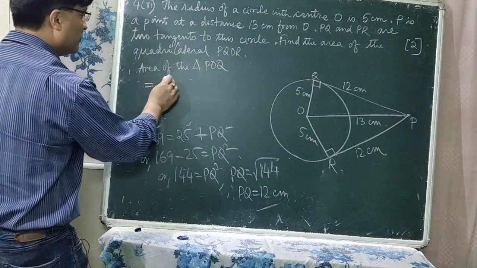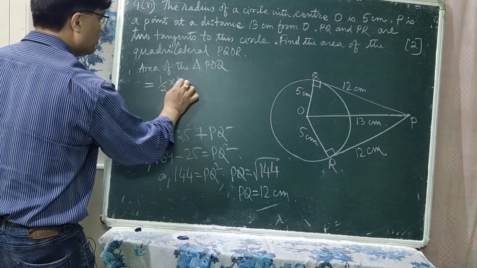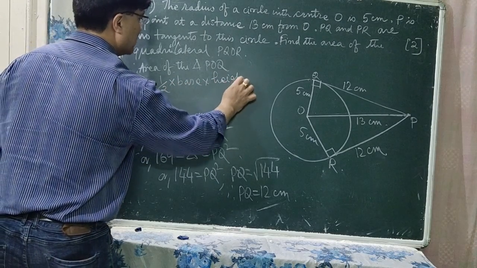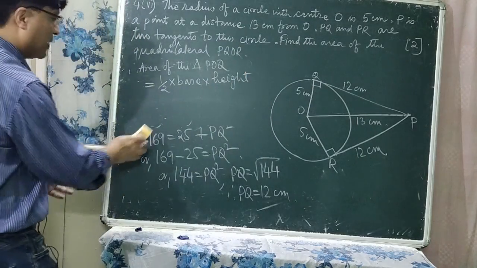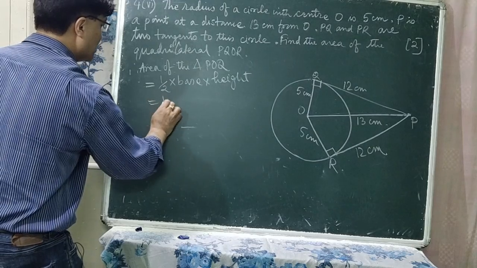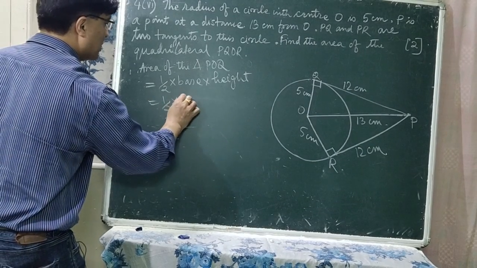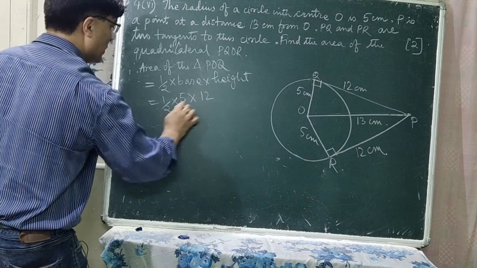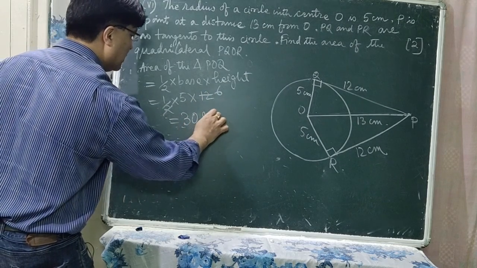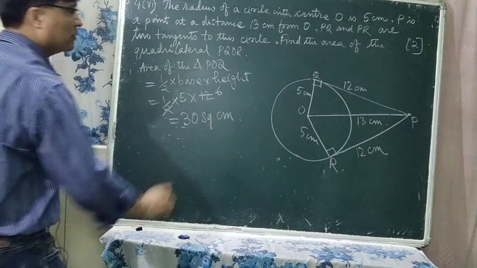So what is the area of the triangle POQ? Half into base into height. This is the area of the right angle triangle POQ, right? So which is equal to half into, what is the base? 5. What is the height? 12. So 2 6 are 12, which is equal to 30 square centimeter.